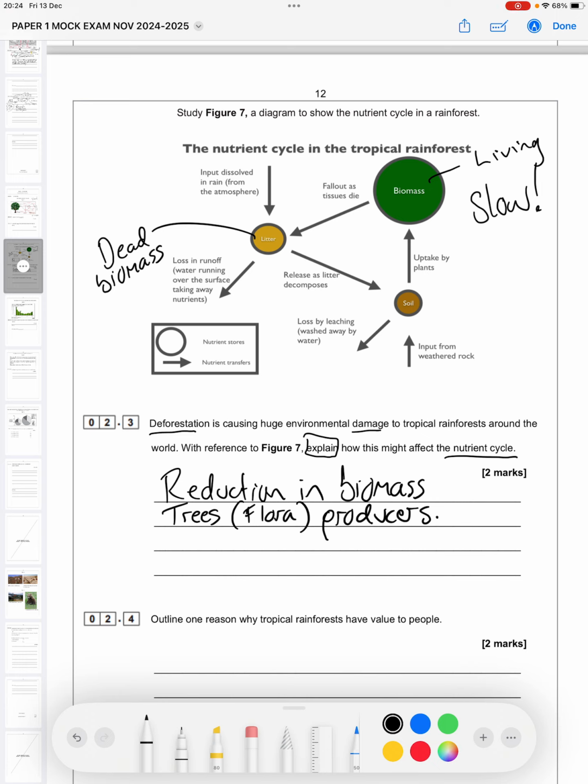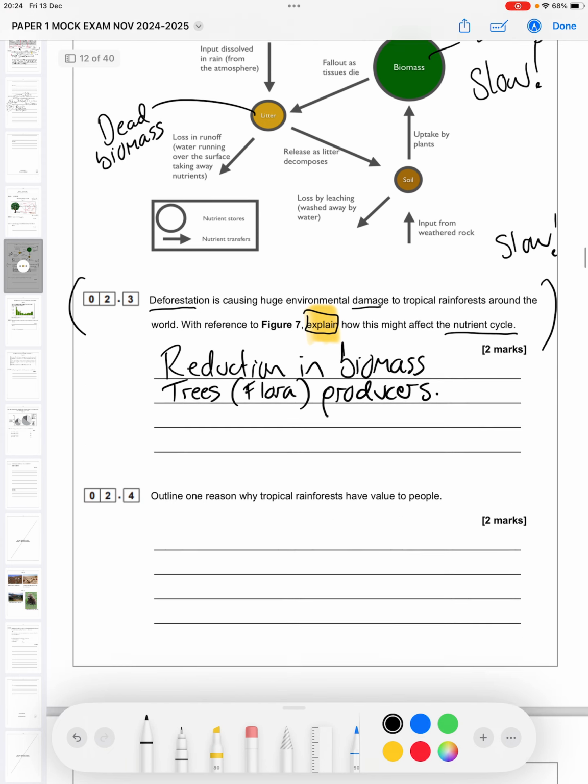So basically break it down. Questions like this are quite long. Again, just slow down, read it carefully. Questions like this, it's also good to box the command word, because as you can see, if I just grab my highlighter, the command word is halfway down the question. Very cheeky.